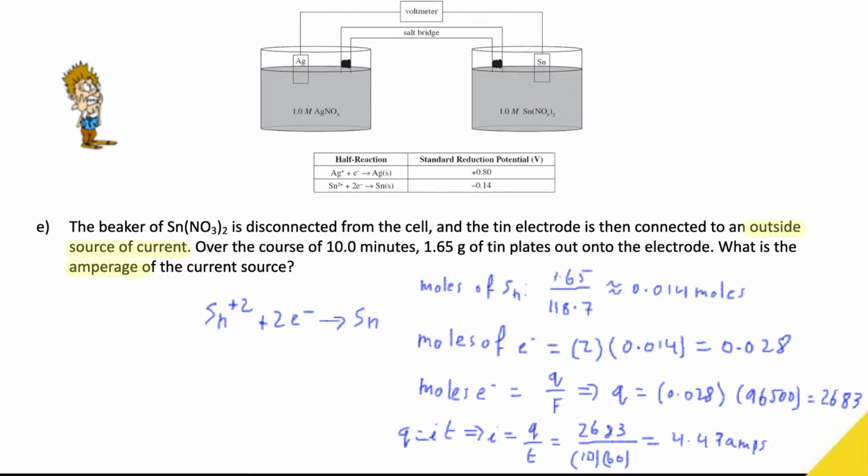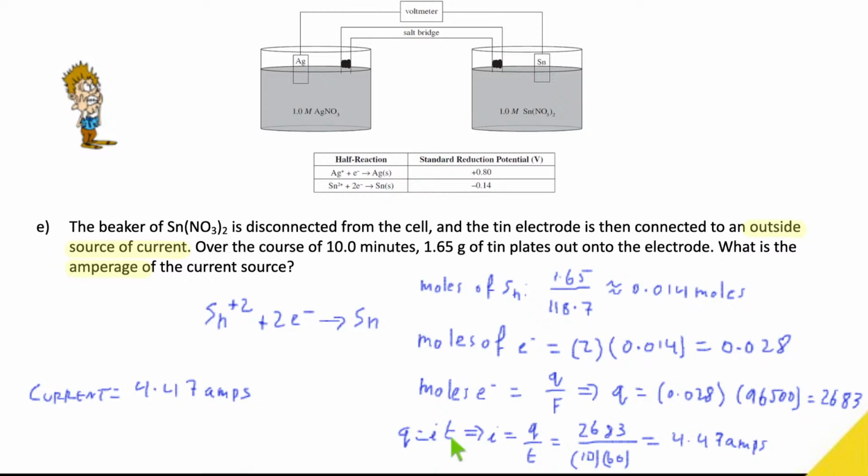So current equals 4.47 amps. Now, what did I do here? I used this stoichiometric ratio to figure out how many moles of electrons I have. I used Faraday's constant to convert from moles of electrons to charge, coulombs, if you will. Then I can use this equation, charge equals current times time, to look at the current.